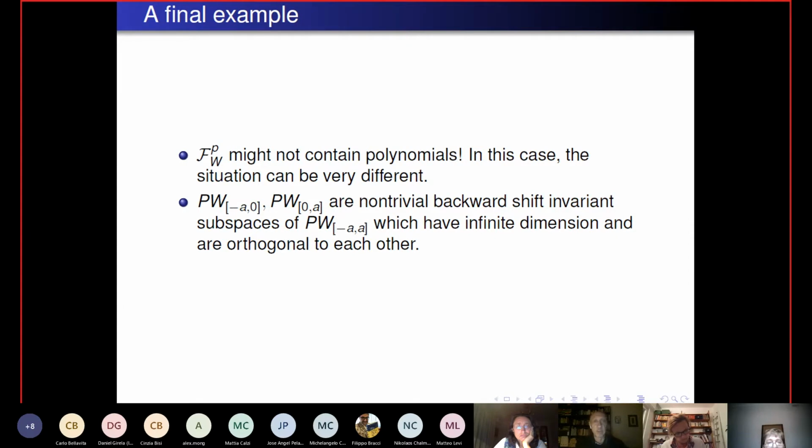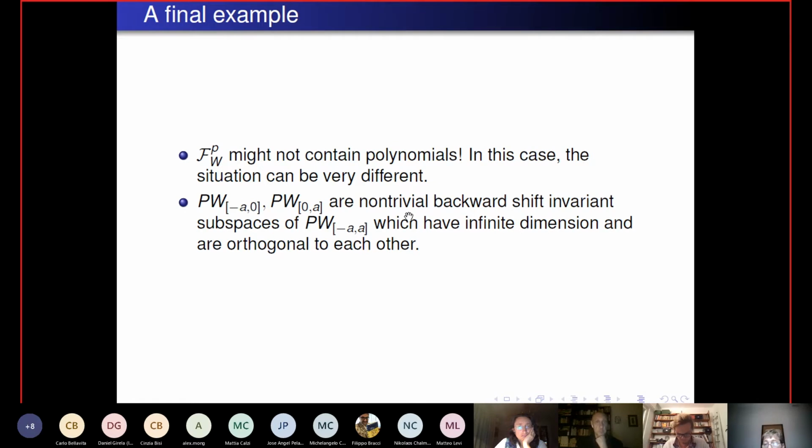Excuse me, Alexandru, sorry to be a bother. Could you repeat this? I lost you again. Could you repeat this argument with the two subspaces of the Paley-Wiener space? So you start with Paley-Wiener minus A, A. If you take Paley-Wiener minus A, 0 and Paley-Wiener 0, A, they are both orthogonal, and their direct sum is the whole space.